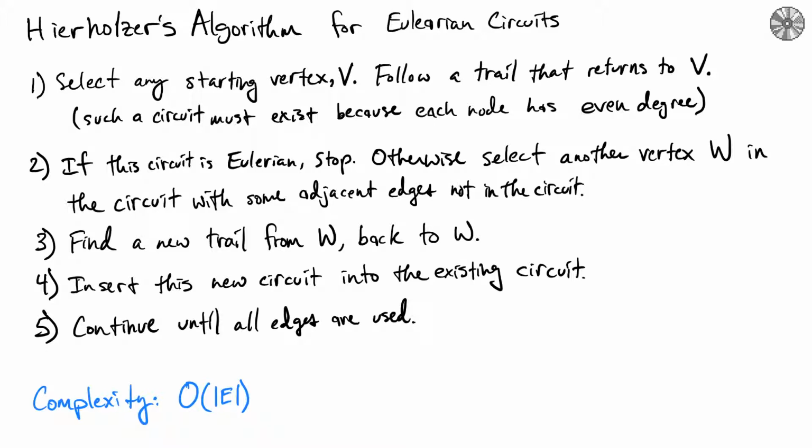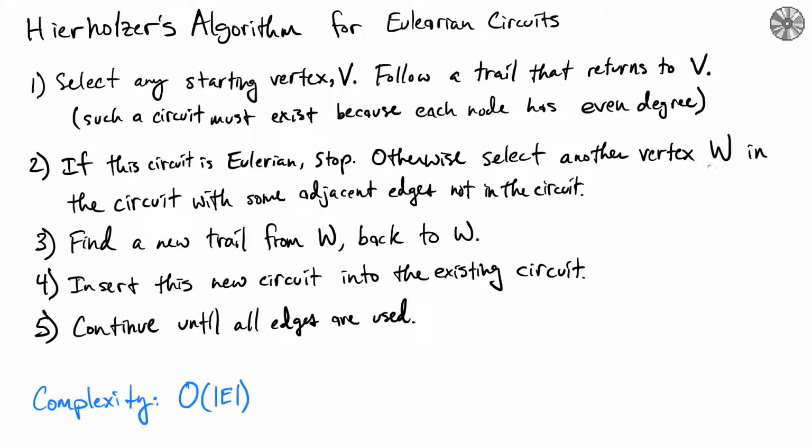If this is already an Eulerian circuit, then you can stop. You've already found it, since all of the edges would have been visited. But if there are edges that are not visited, then you select another vertex and identify another circuit that comes back to that same node.